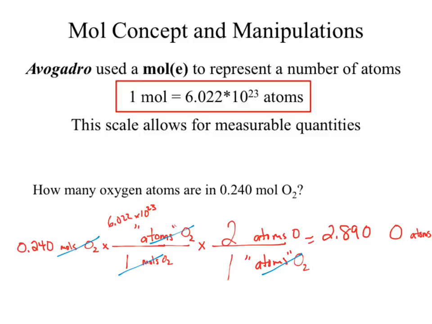I'm okay with that. Sig figs. How many sig figs did we start with? 3. How many sig figs in 2.890? 4, which means technically that's wrong. What would we have to do to fix it? Get rid of the 0. Now you're down to 3 sig figs, and you'd have the correct answer.